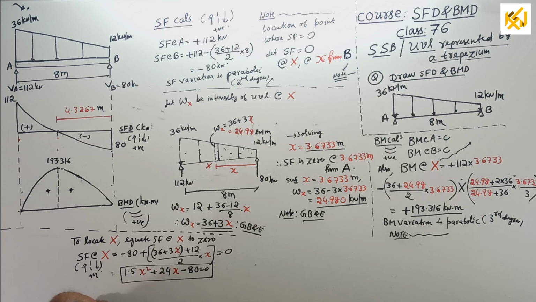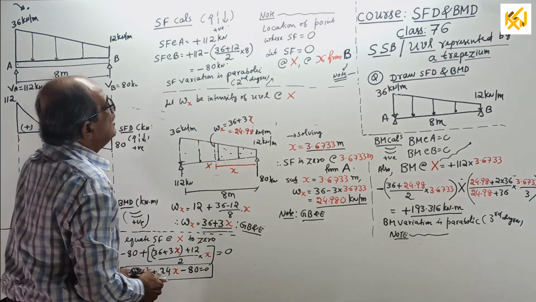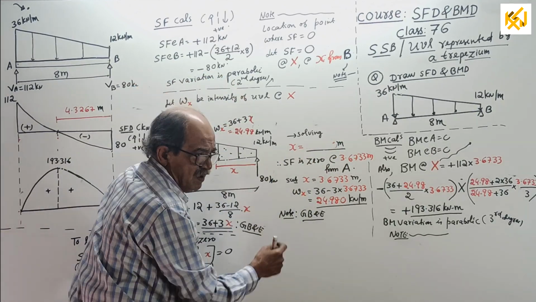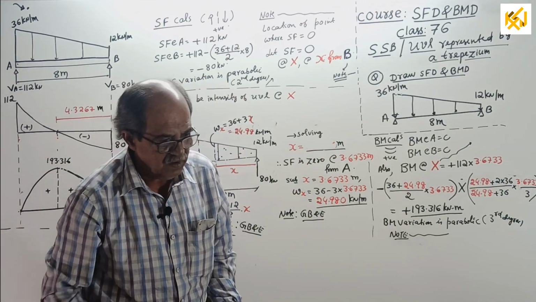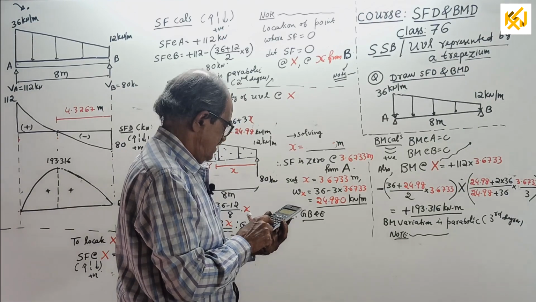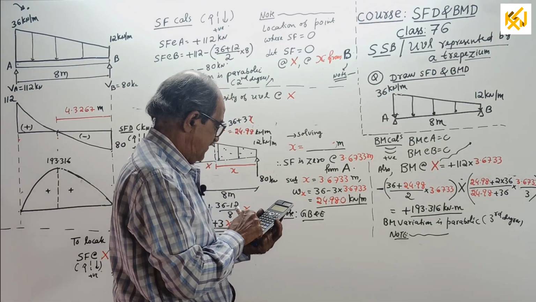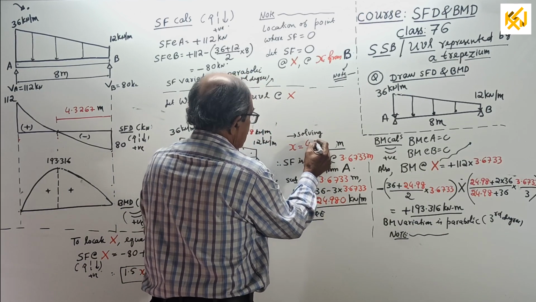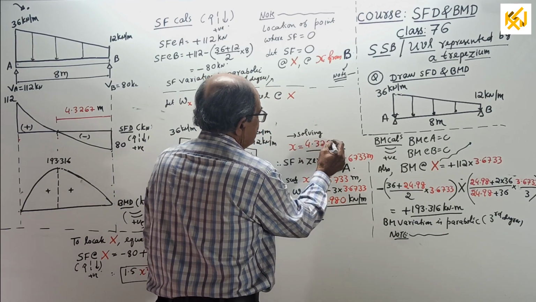Actually it is not required to solve. X has to come from this side: 3.6733 minus 8. X has to come 4.3267 meter.